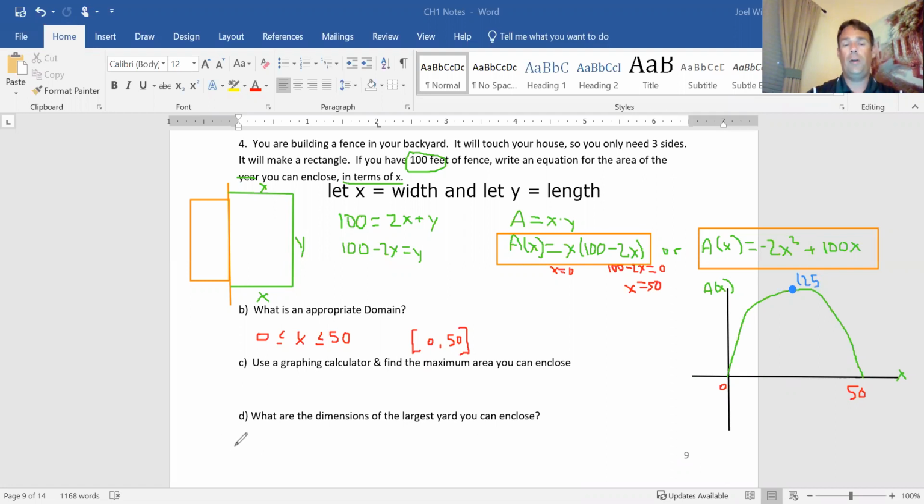So I'm going to jump down to part D since I don't have a graphing calculator here. I can figure out the dimensions because I know this equation. To figure out the height, I plug in 25 for x, and figure out what the length would be.